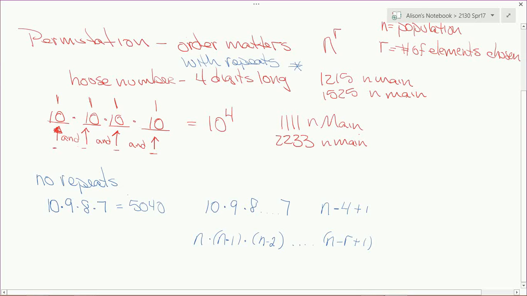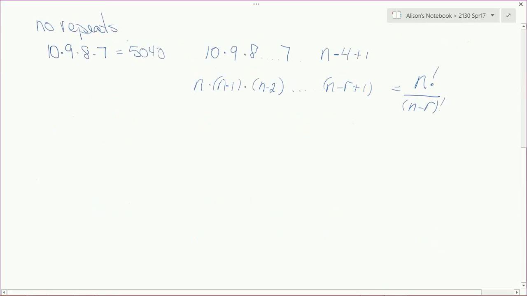If I wanted to simplify this formula, it is going to become n factorial divided by n minus r factorial, where r is the lowercase r. So this is a formula that we can use if I want to count permutations when repeating elements are not allowed. Let's see if this formula will work on my house numbers.